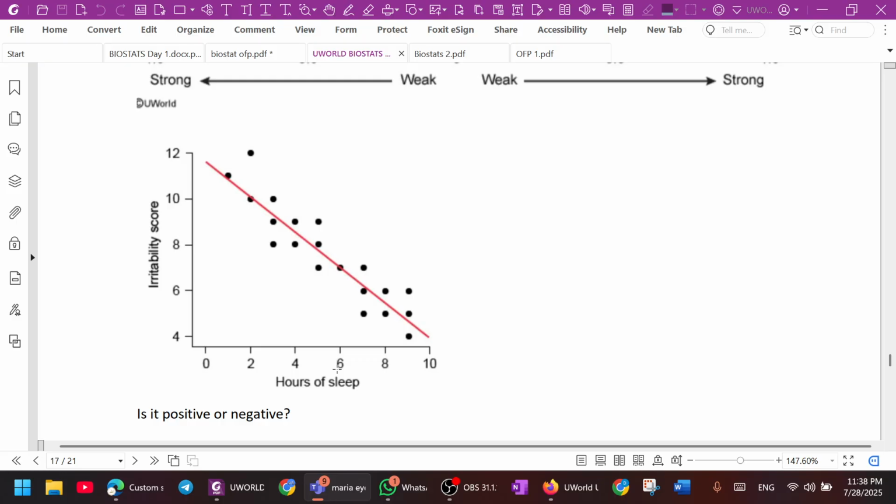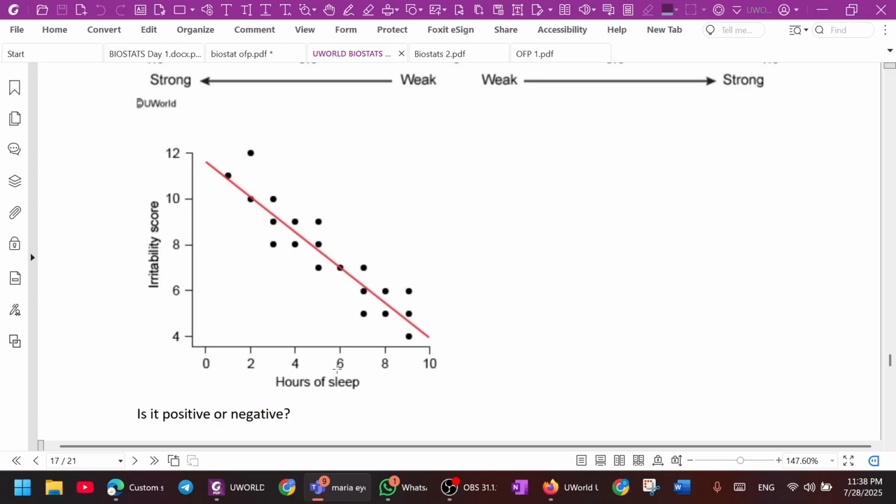The slope is going down, and positive will go from 0 upwards. As the slope is going down, isn't it negative? Okay, so yes, you think it's negative.